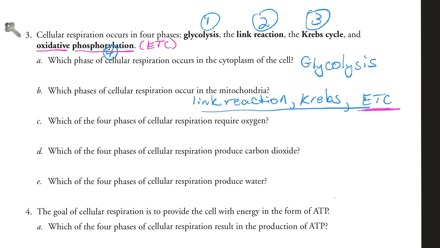And that's why, as I showed you in the original diagram, pyruvate is what goes into the link reaction. If there's no oxygen gas here, then the pyruvate goes to fermentation. These 3 depend on oxygen.